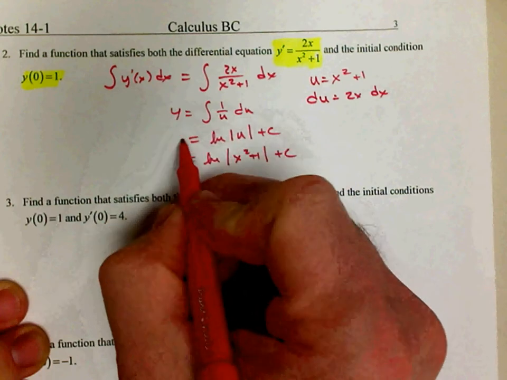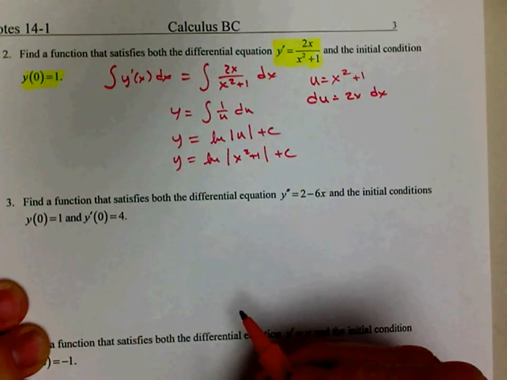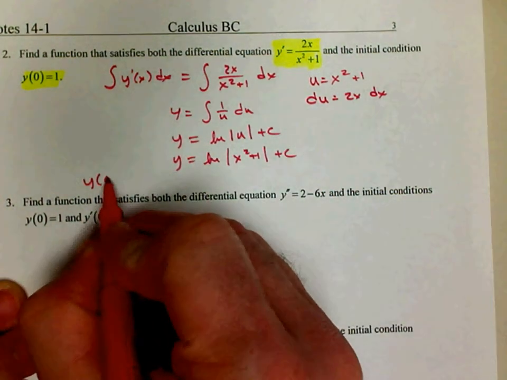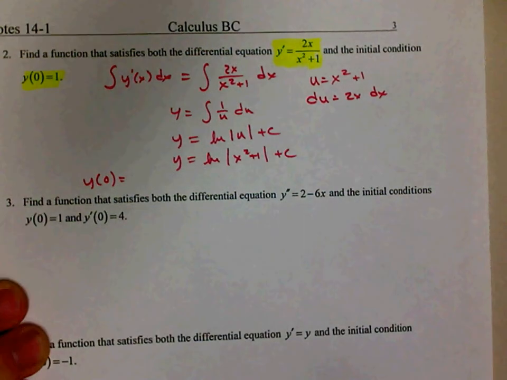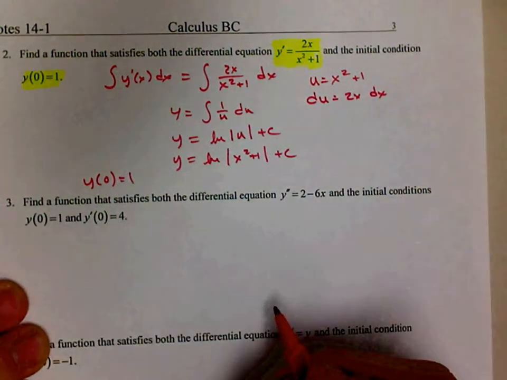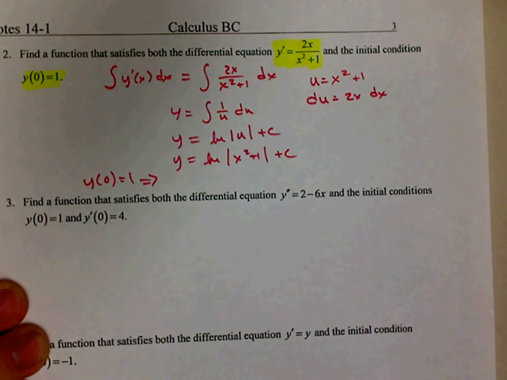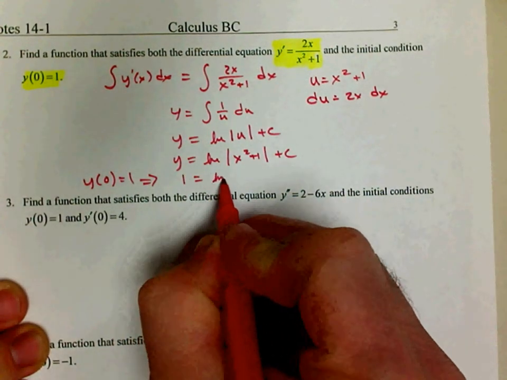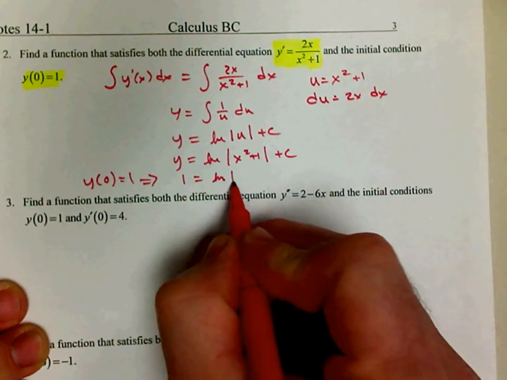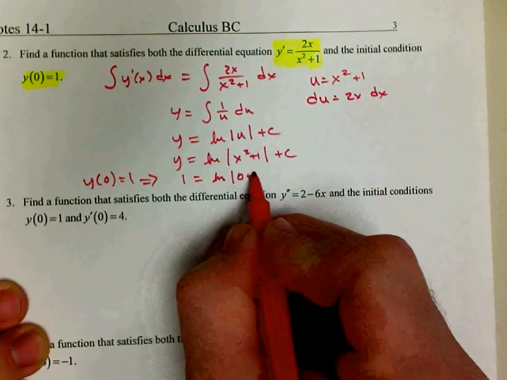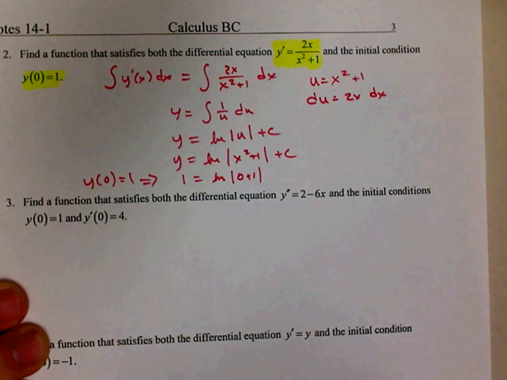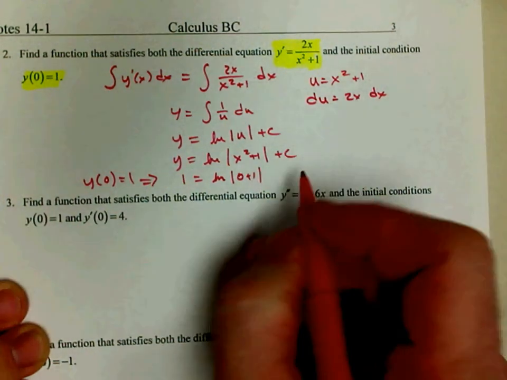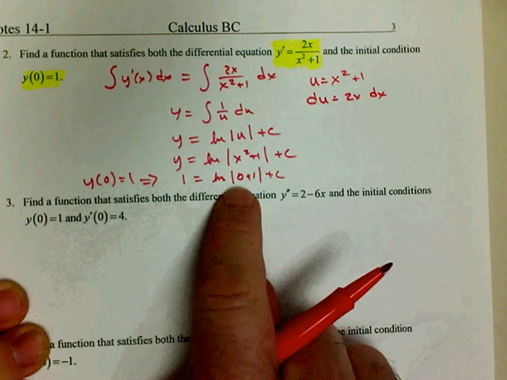When we substitute in 0 for x, we should get 1. So let's find out what c is given this. 1 equals the natural log of the absolute value of 0 squared plus 1, and plus c, sorry about that. 1 plus 0 is 1. Natural log of 1 is 0.